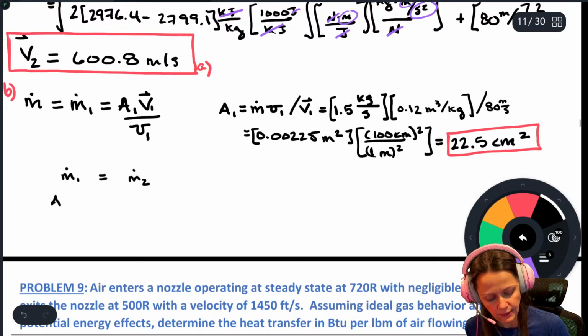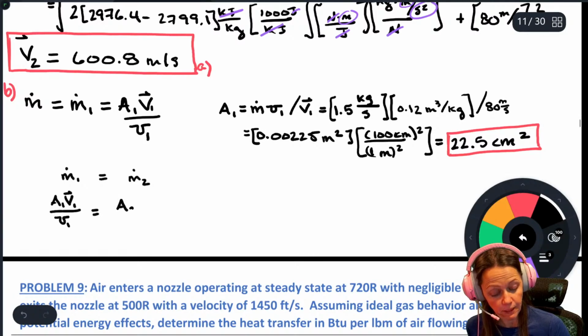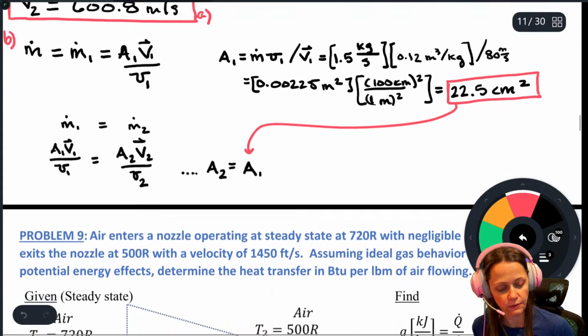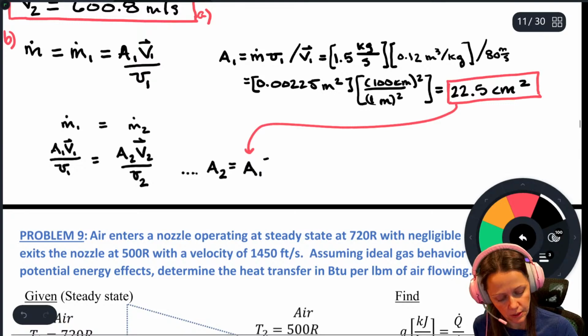I could define those as A1 V1 over the specific volume at 1, equals A2 V2 over the specific volume at 2, and then just solve for A2 that way. And the reason is that when I plug this in, I'm just going to leave it as centimeters cubed.